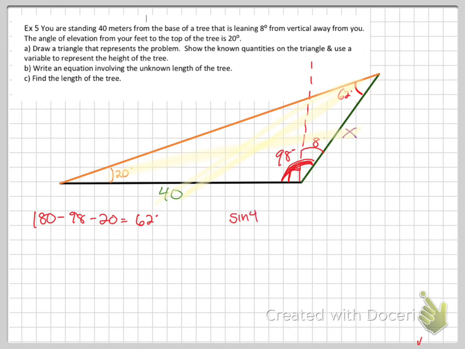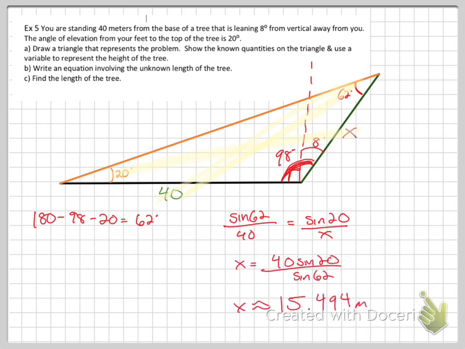So sine of the angle, 62, over 40, has to equal sine of 20 over what we're looking for, x. Cross multiply and see if you can find x. I'm just going to put the answer up. Cross multiply and round to 3 decimals, you should get 15.494 meters. Okay, hope this was a good introduction to sine, and I hope you guys are doing well.